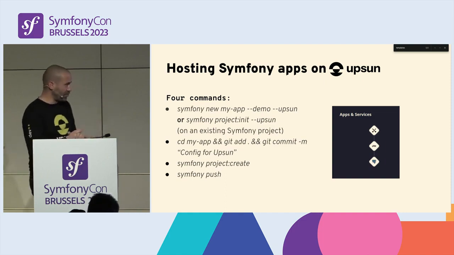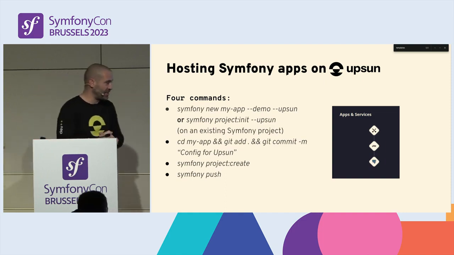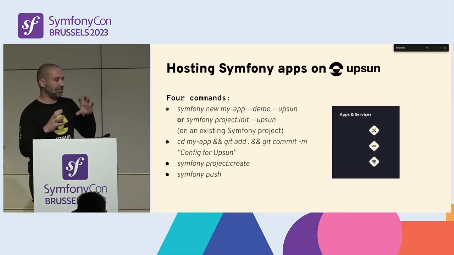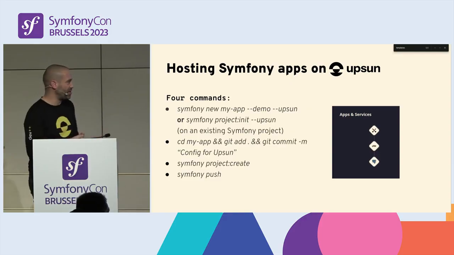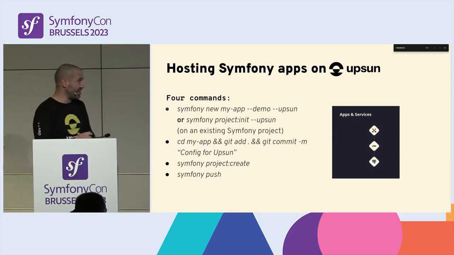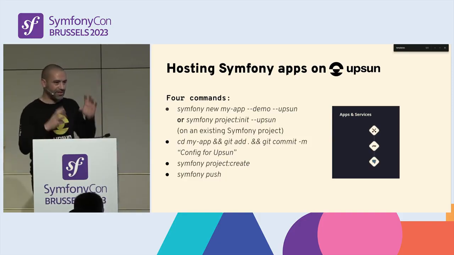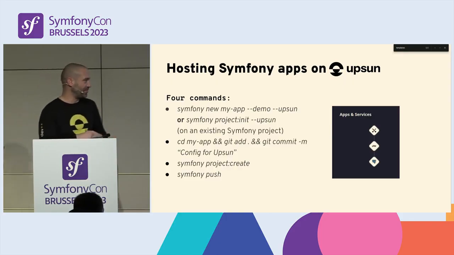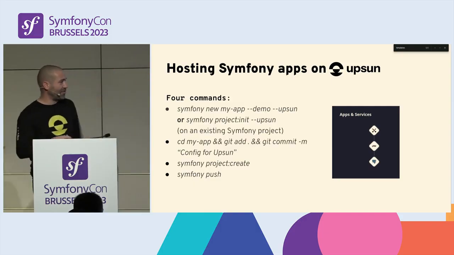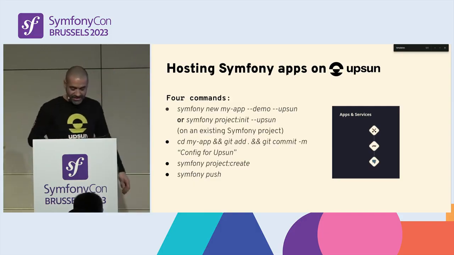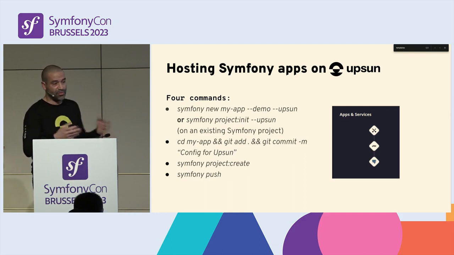When you create a project with the Upsun option, it will automatically generate the config.yaml file that is needed for Upsun to deploy your application. And if you start from an existing Symfony project, you just have to use project:init with the Upsun option to automatically generate the minimum configuration that is needed for us to deploy your application. Then the normal Git workflow: git add, git commit, then you create your project, and then you push your project, and it will be deployed and live.